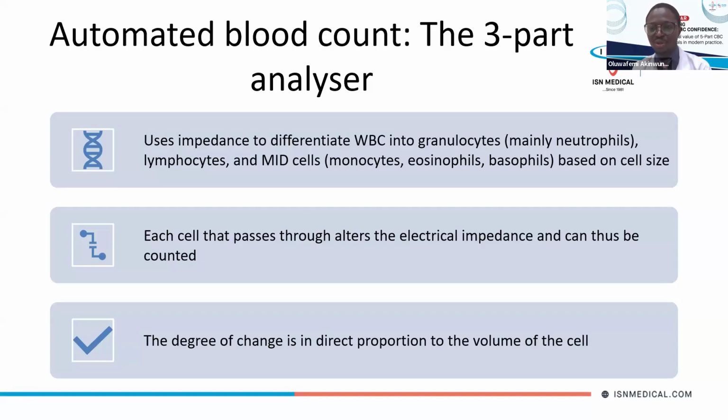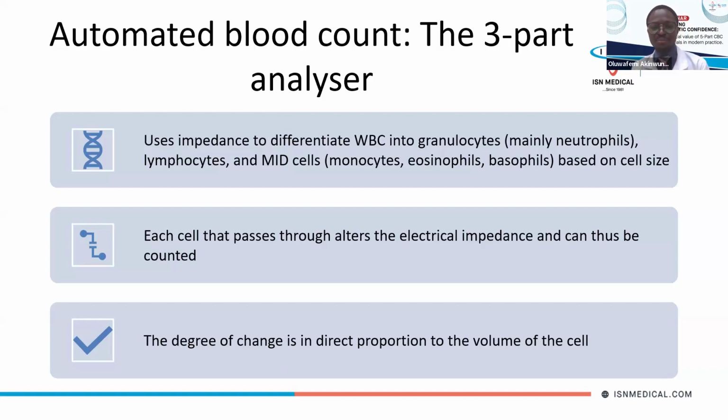This is purely based on cell size. Impedance essentially means resistance to passage of current, so you can measure that resistance as a cell passes through the circuit. For the automated 3-part analyzer, the basic mechanism is purely impedance based.